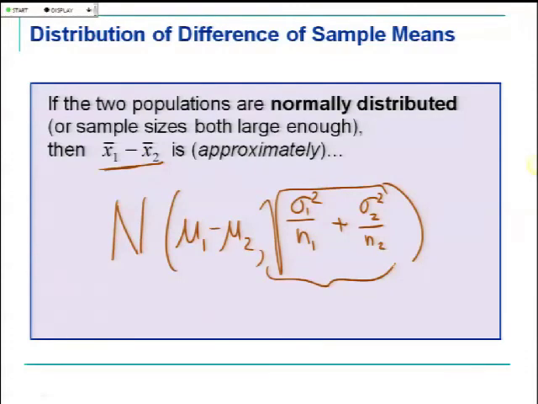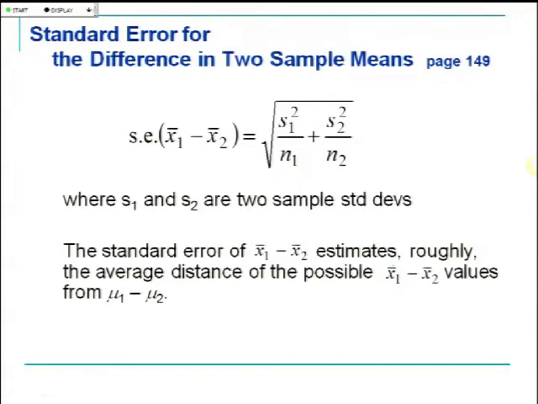I typically only have data when I'm doing the inference side, and if that's the case, I can't put in that true sigma, but I can put in the respective s's. And on top of your next page, you've got that final standard error, which has the s's in instead of the sigmas, which are things that you can compute from your data, so you can calculate that estimated average distance and use it.